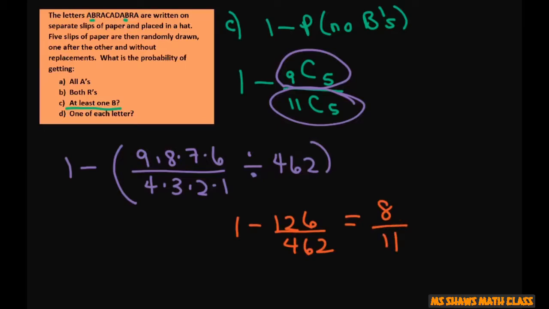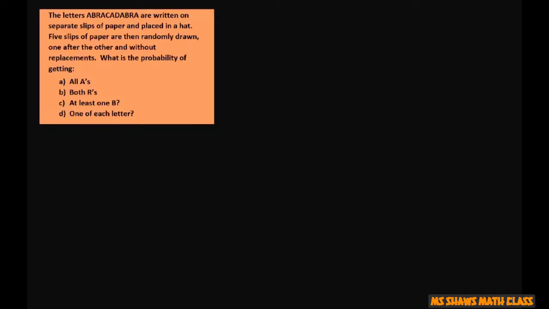Now, if you want one of each letter, let's look at how we're going to do that. So there are 5 total that we're choosing. So 5 choose 5 equals one way to choose 5 different letters.